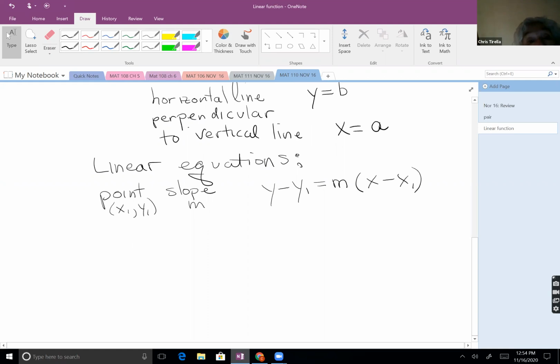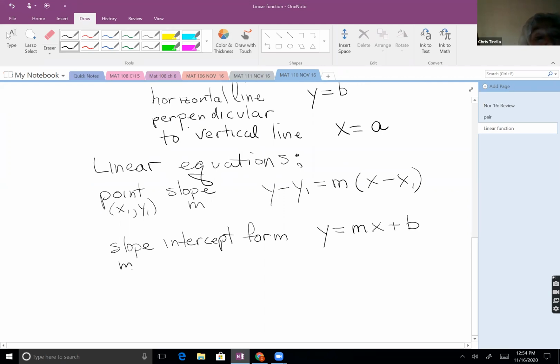In addition, next most commonly used is that slope intercept form. And in the slope intercept form, we take that preceding one and just solve for y. It would give us something like y equals mx plus b.